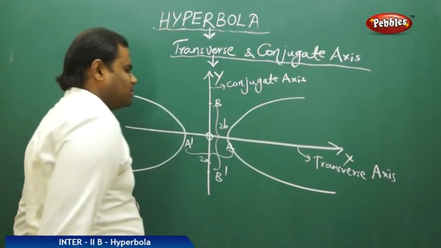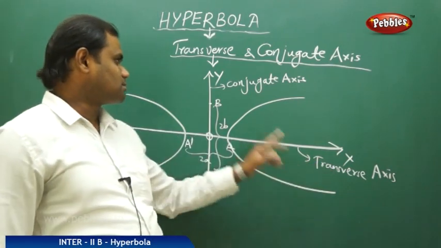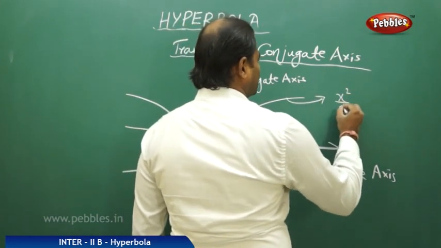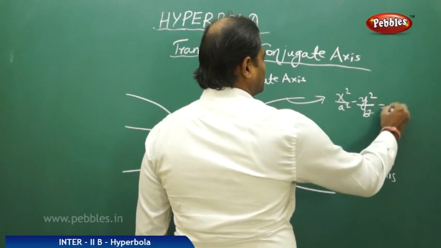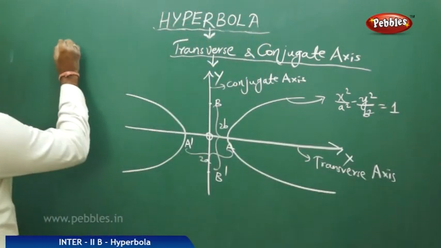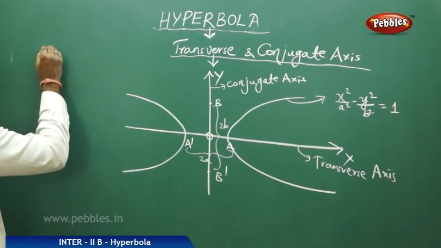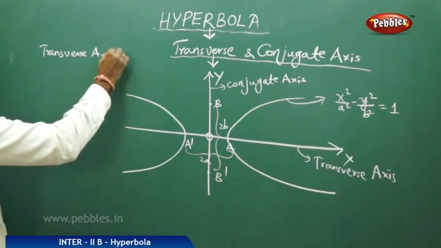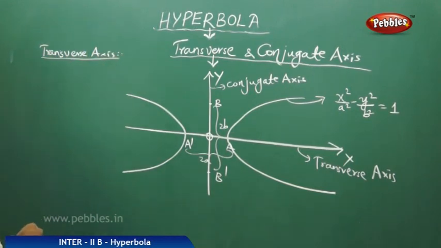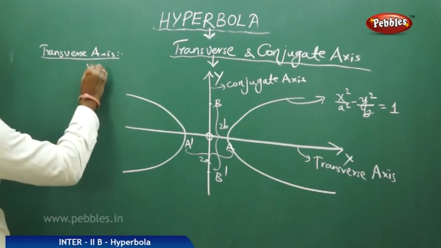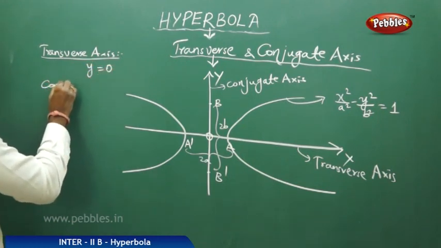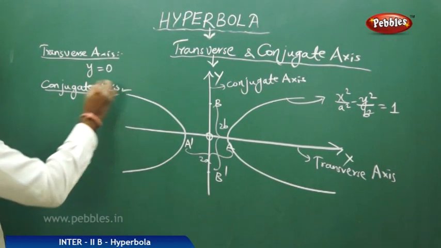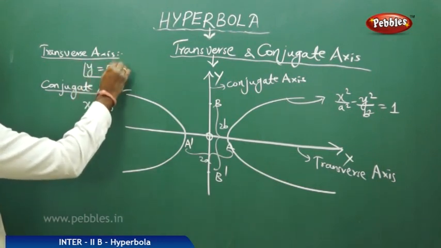So in case of the standard equation of the hyperbola, this is the transverse axis and this is the conjugate axis. For the hyperbola x squared by a square minus y squared by b squared equal to 1, the transverse axis equation is given by y equal to 0 and the conjugate axis equation is given by x equal to 0.